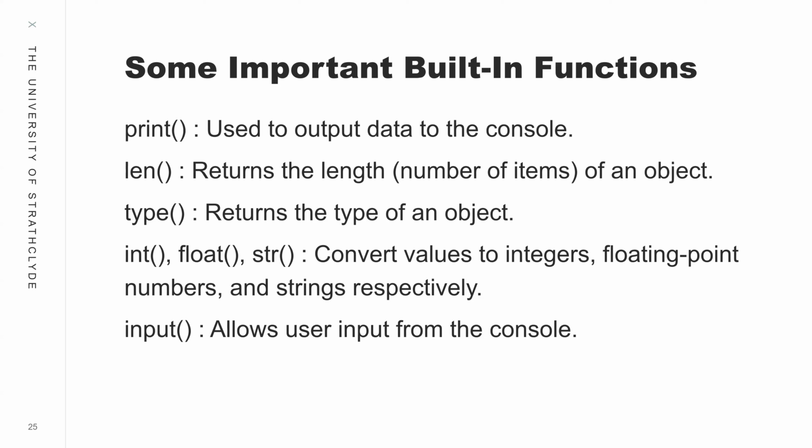Do you remember that I said a string is a set of characters? So if I use len on Marin, it gives me the number of characters inside Marin. Then there are int, float, and str, which are the functions to convert data from one type to another, like trying to merge apples and pears.